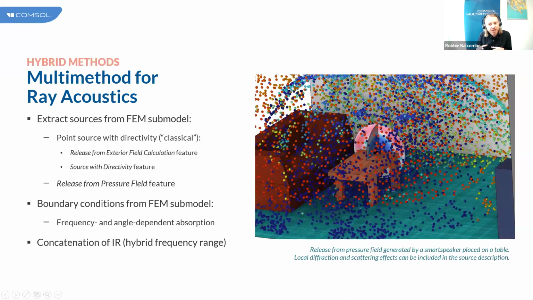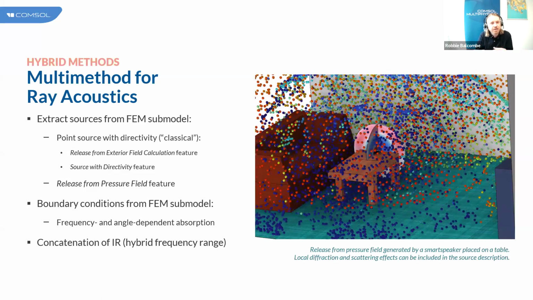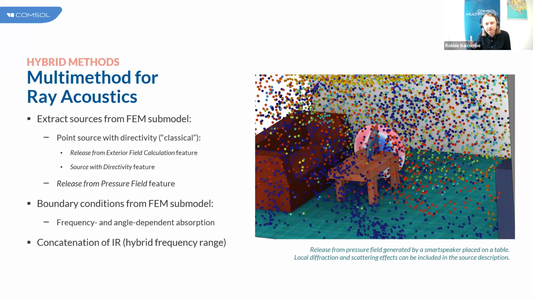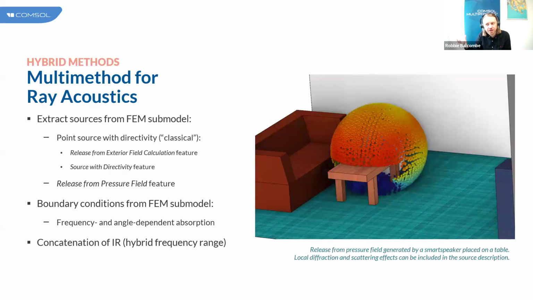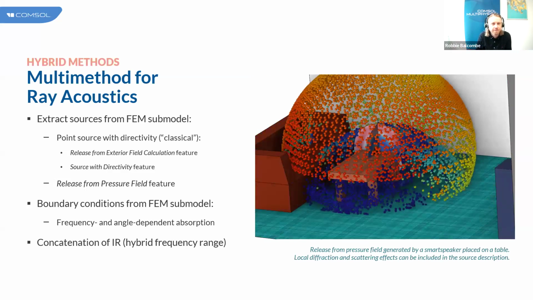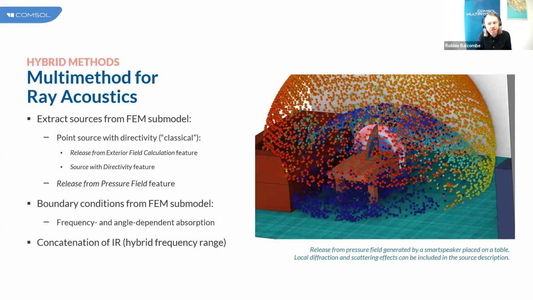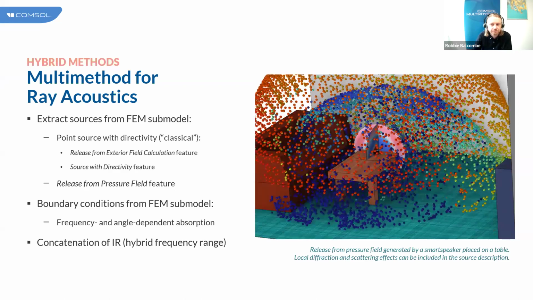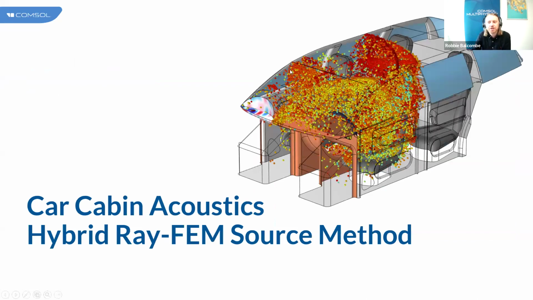So what we can do is we can essentially create what I would call a multi-scale model and then combine the different numerical methods. So we use a small scale, high fidelity model, which is computed using the finite element method to evaluate the acoustic source. So we will get the intensity and we will get the directivity. And then we can import that data into a ray acoustic simulation to then simulate how that sound will propagate using the ray approximation.